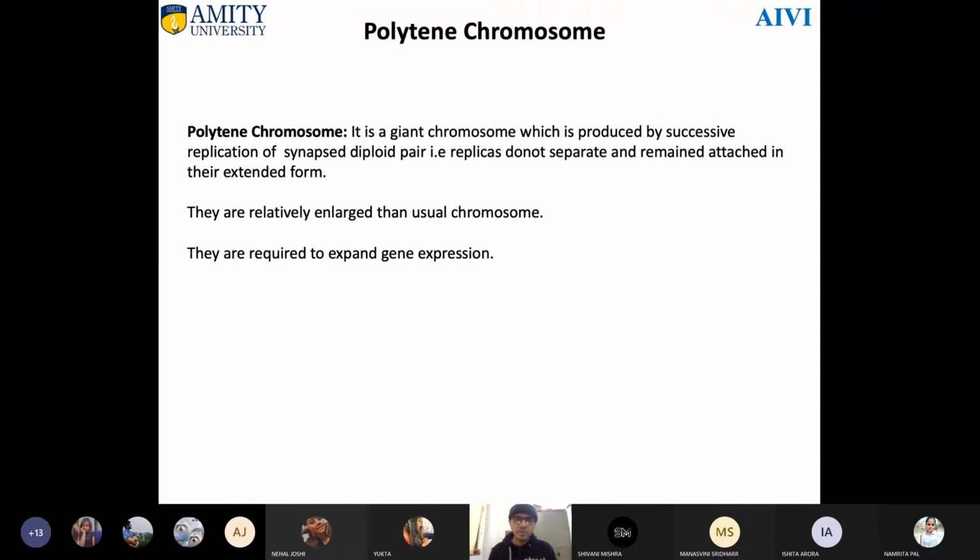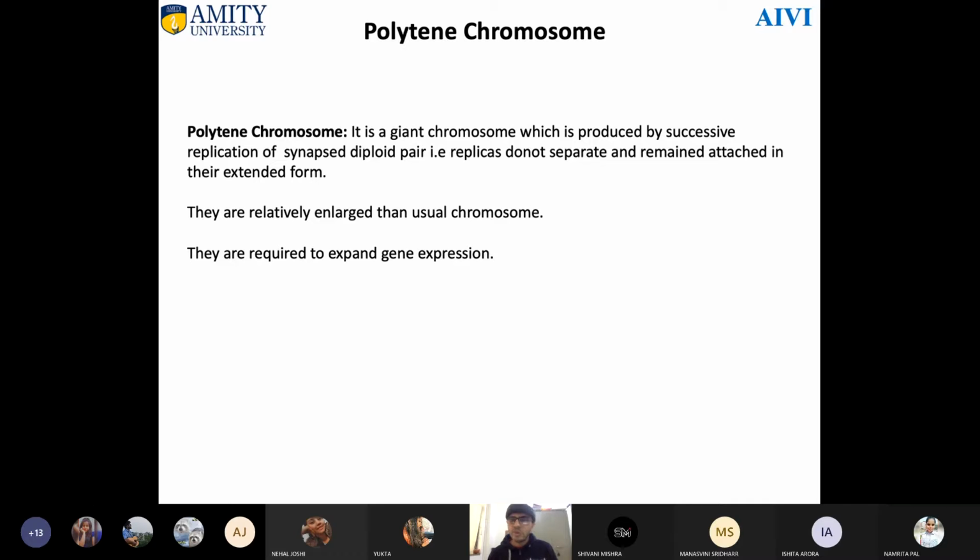Second type is the polytene chromosomes. Polytene chromosomes also have the same role. They are required when there is high protein requirement, so a high level of transcription is there. The difference between the polytene and the lampbrush is that lampbrush are all single stranded, like normal chromosomes, except for the size, everything is the same. But in polytene chromosomes, multiple chromatids are there.